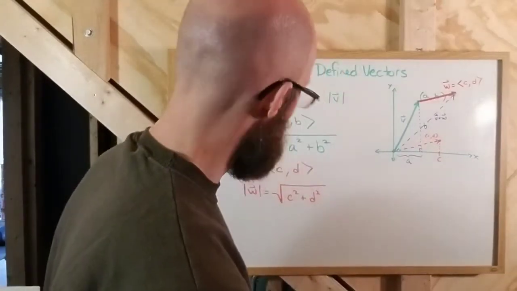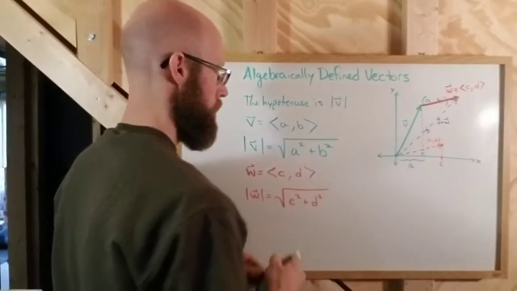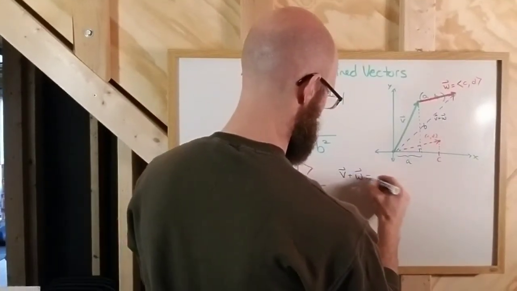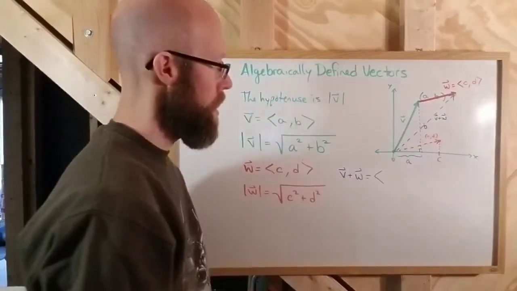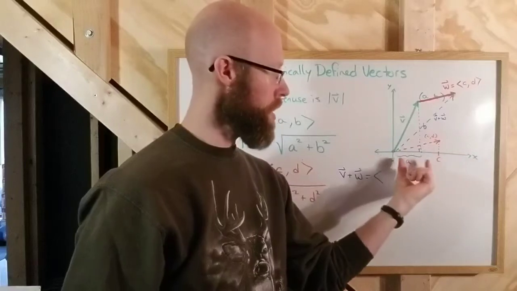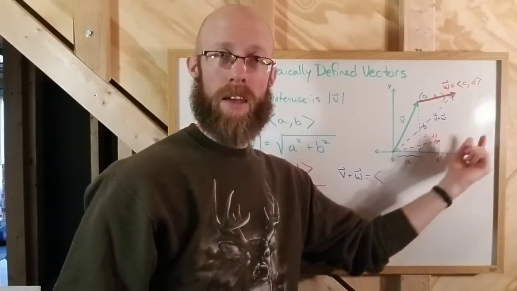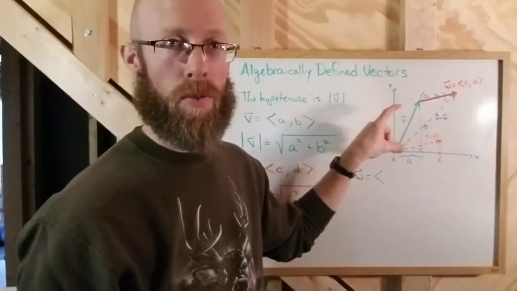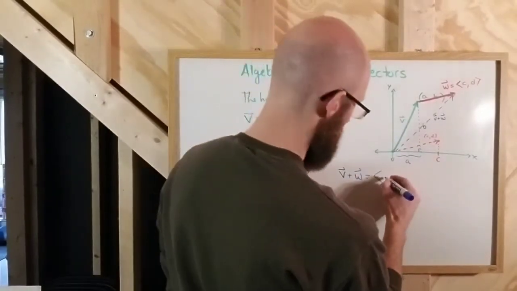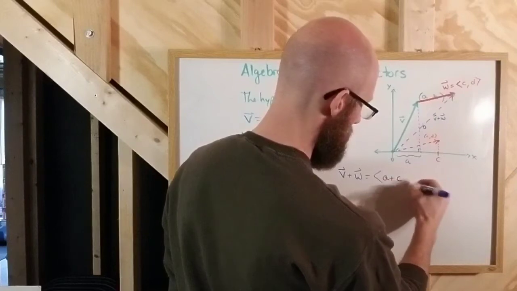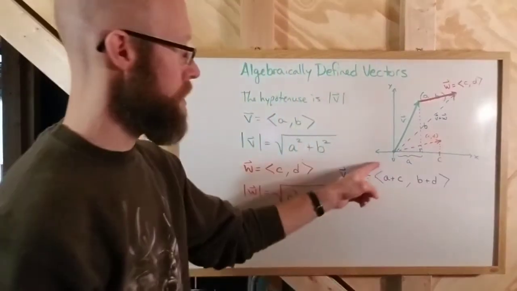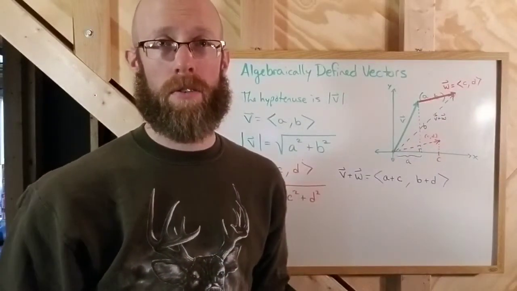Then what we end up with is V plus W will equal, again, you're just taking the A coordinate, or the x coordinate of both vectors and adding them together, and then the y coordinate of both vectors, and adding them together. So you get A plus C and B plus D to get the final sum vector, okay?